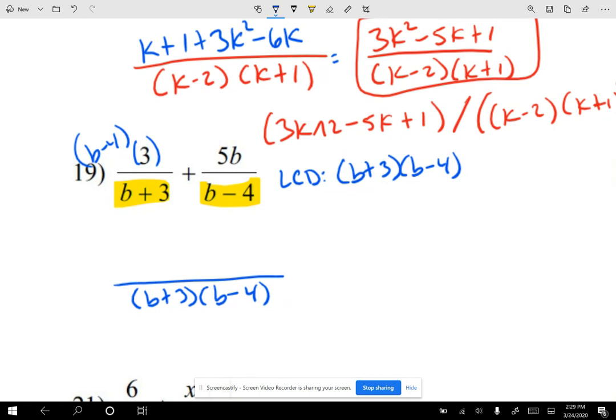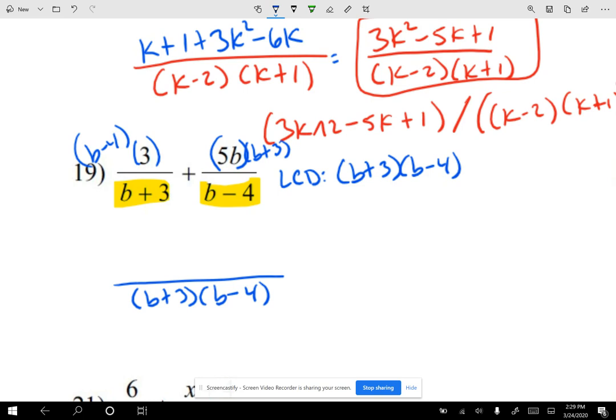On my second fraction, the parentheses that I don't have is b plus 3. So I'm going to multiply with 5b. Notice I'm not changing the sign of the 5b because I have a plus in between my fractions. If I had a minus, I would change that minus to a plus and then give the minus to the 5b.